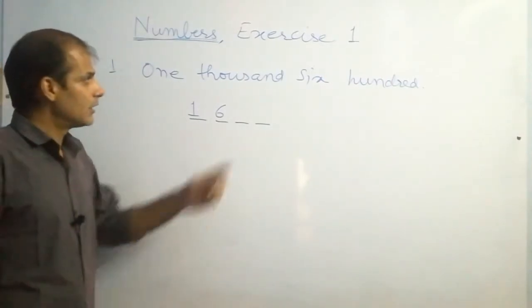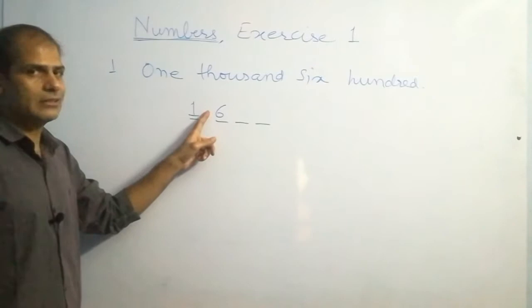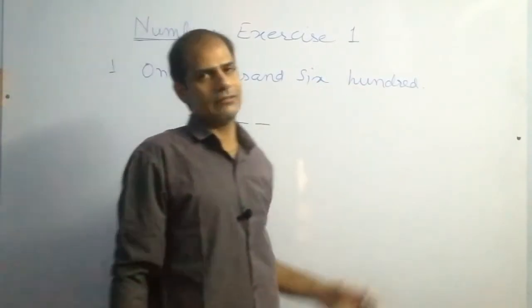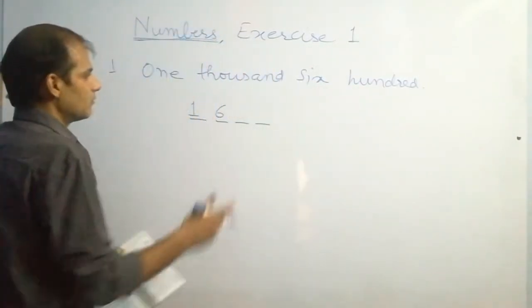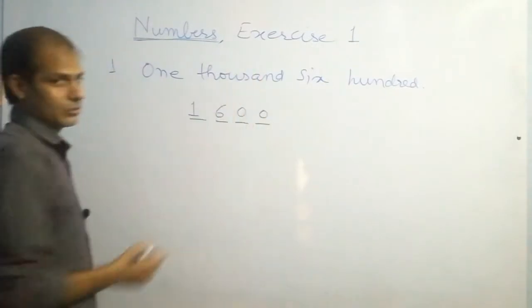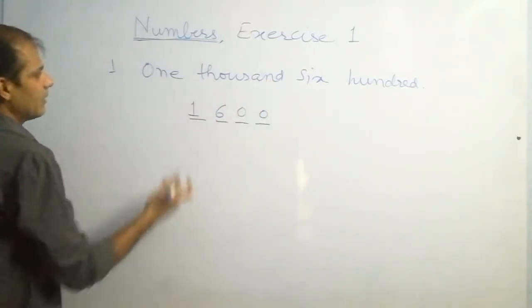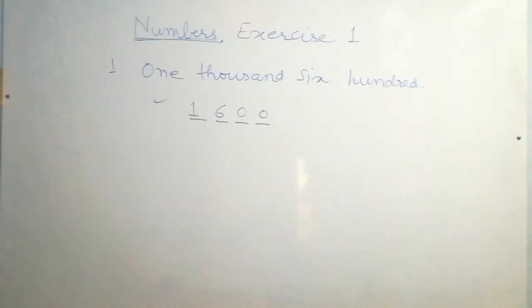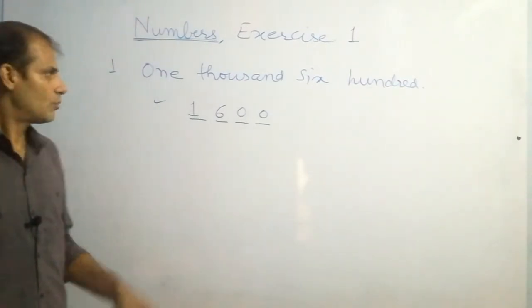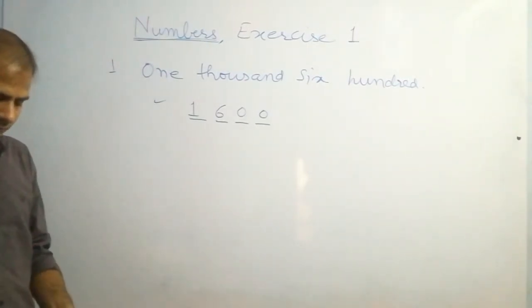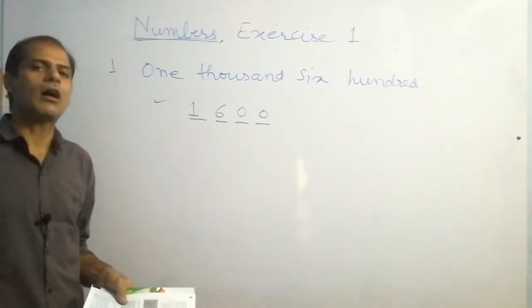In this way, it is 600. We will write 6 here. But after 600 there is nothing. It means we will write zeros. So 1600 means 1600. So if you understand this, then easily you can solve the other questions.